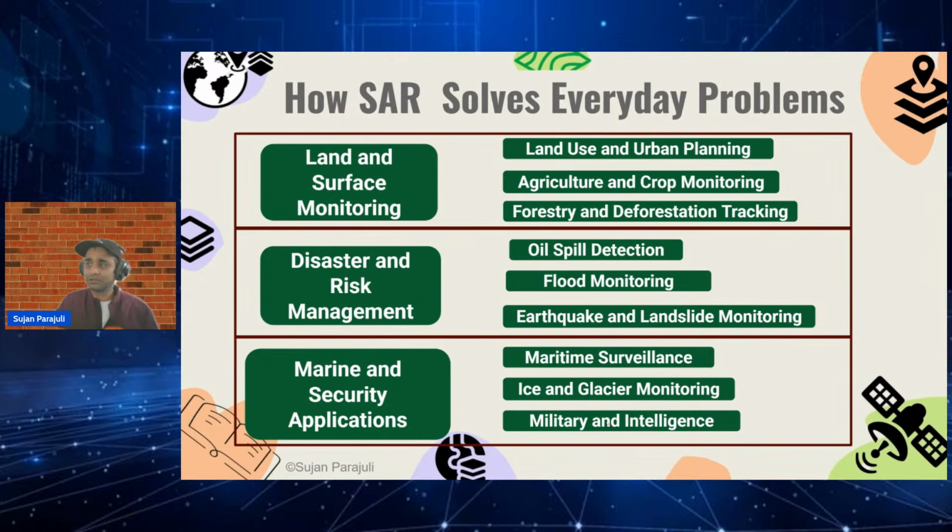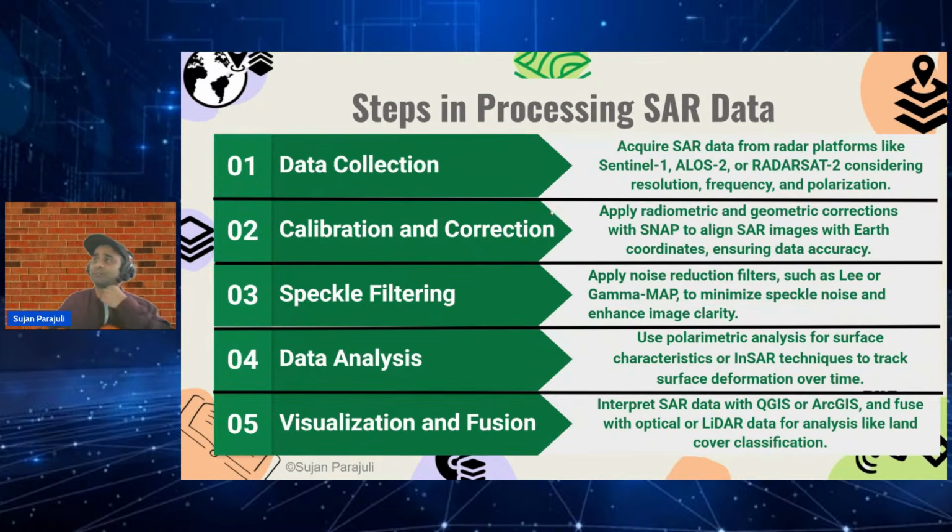And also mostly in military and intelligence. SAR is a little bit complex in processing and everything, and most of the time we have still been focusing on multispectral and hyperspectral, so in terms of processing, it's one of the difficult ones. But the process is similar: you collect the data, then you do some calibration and correction, and then some filtering.